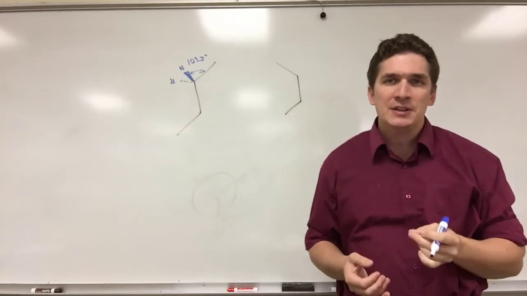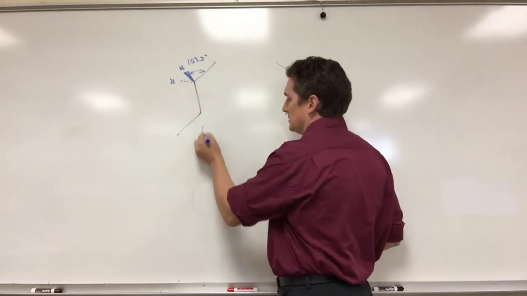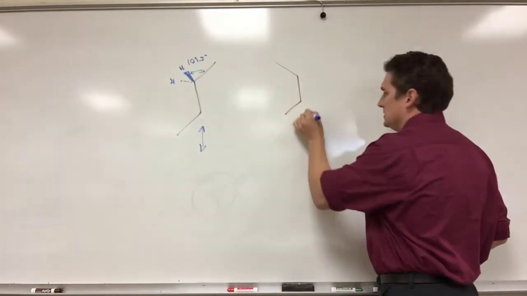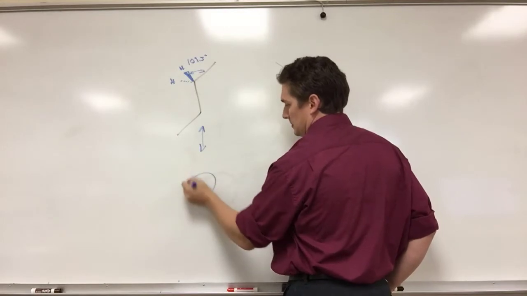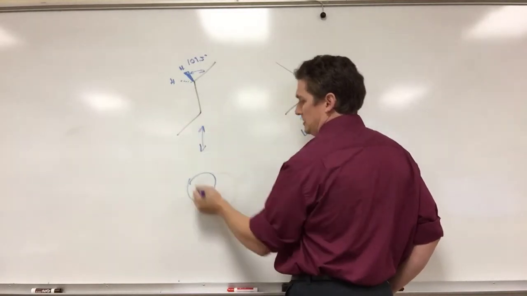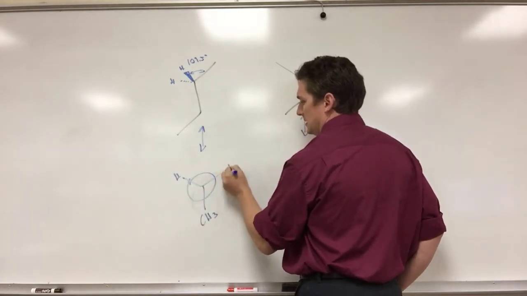And to understand the dihedral angle, what we're going to need to do is draw the Newman projections along these bonds. So if I look at this compound, as drawn, I'm going to put the CH3 group down. It gives us a hydrogen up, hydrogen up.